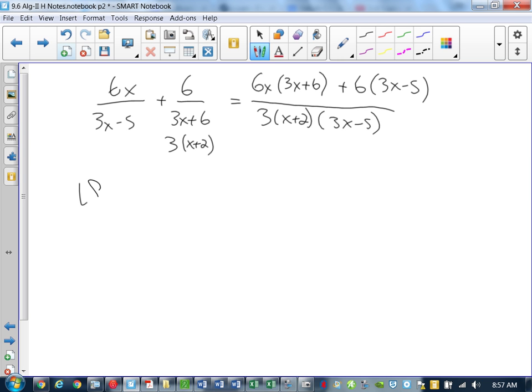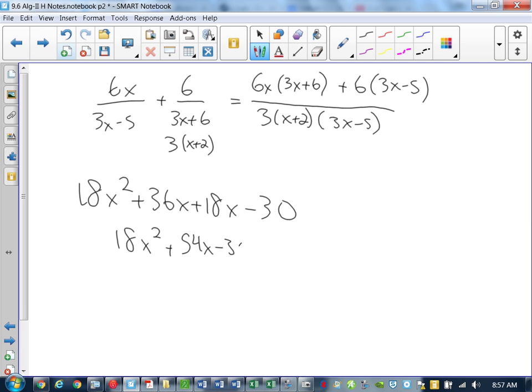So what is that? 18x squared plus 36x plus 18x minus 30. 18x squared, was that 54? Yeah, 54x minus 30, which is 3x squared plus 9x minus 5.